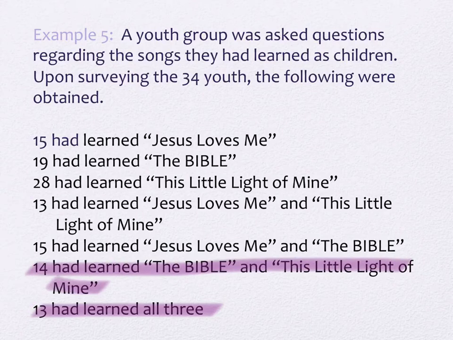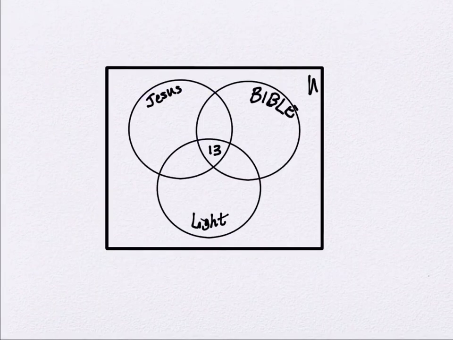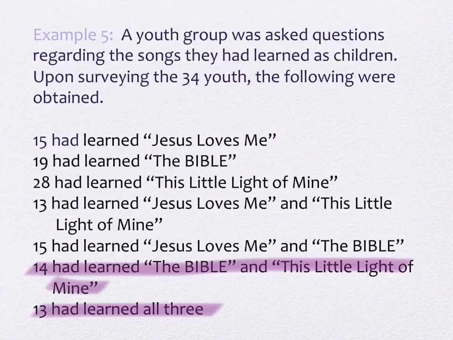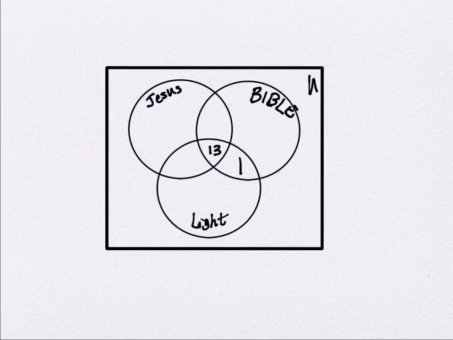So this 14 is the Bible and This Little Light of Mine. So the Bible and This Little Light of Mine is this piece over here, right? And it's supposed to be a total of 14. So how many more do I need? 1. So 1 goes here. The next one was that 15 had learned Jesus Loves Me and the Bible.